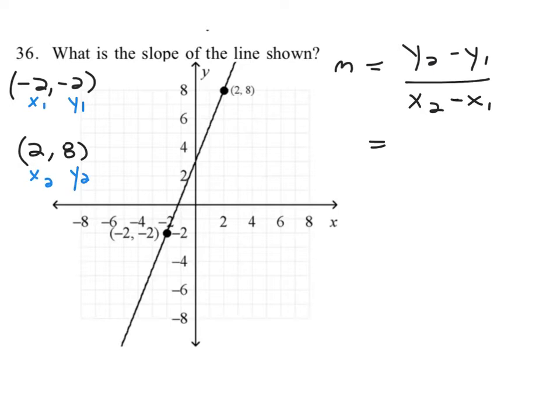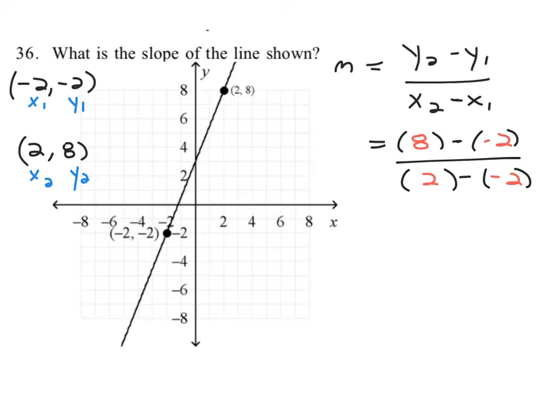Now, let's substitute in. So y2 minus y1 over x2 minus x1, and let's drop those values in. Okay, y2 is 8, y1 is negative 2, x2 is 2, x1 is negative 2.